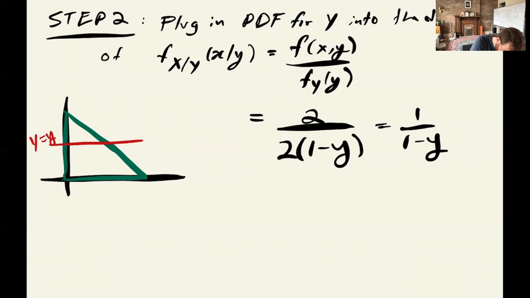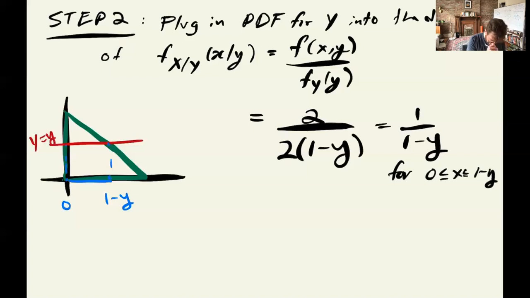And so if I look down at the projection here, I know that this is from 0 to 1 minus y. And so what we have here is that the conditional density is uniform on this segment. So again, this is for x between 0 and 1 minus y. So sometimes you'll be given a specific value.